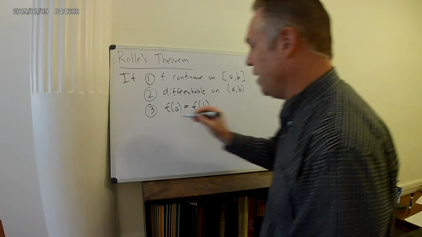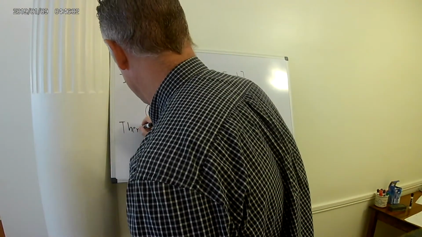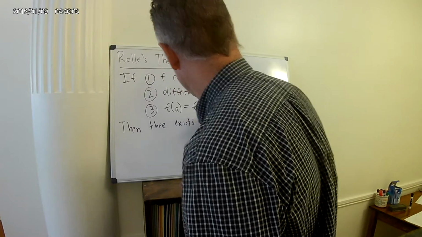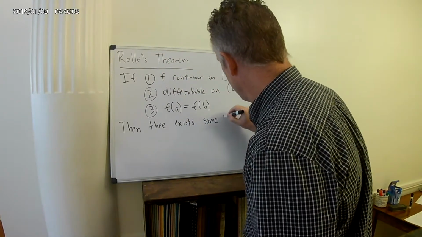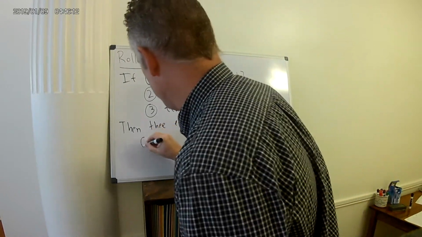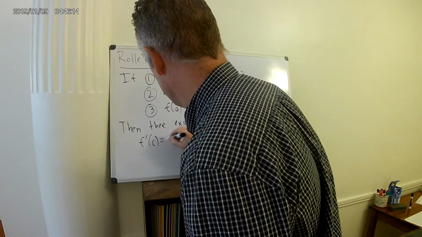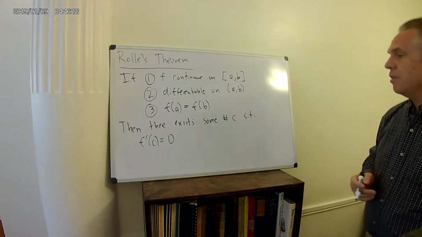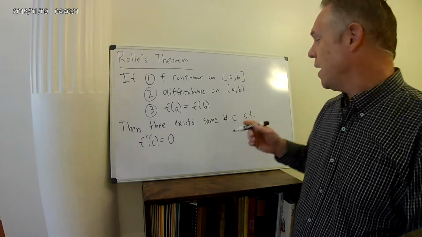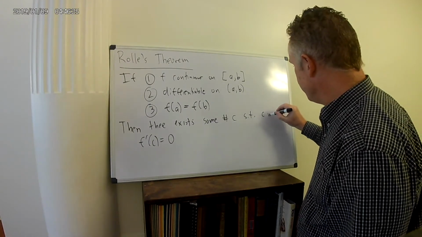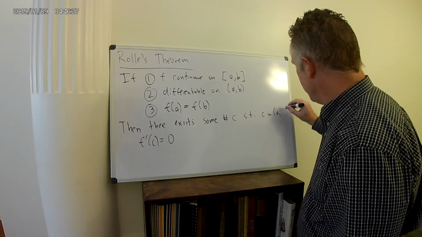What this means is then there exists some number c such that f prime of c equals 0. So then there exists some number c such that the derivative of the function, and this c, by the way, I forgot to mention that, is in the interval (a, b).